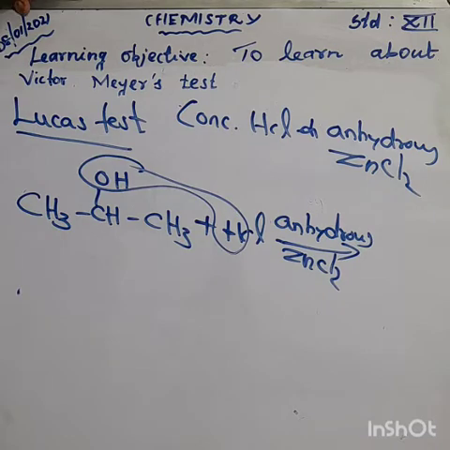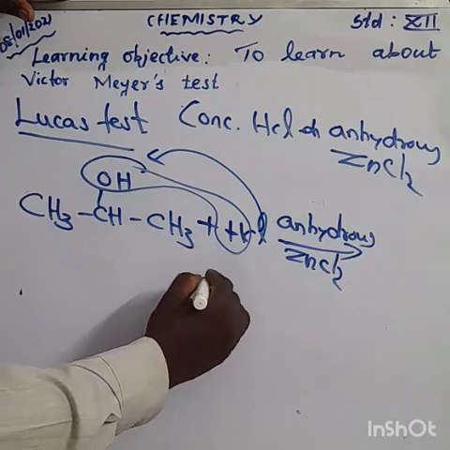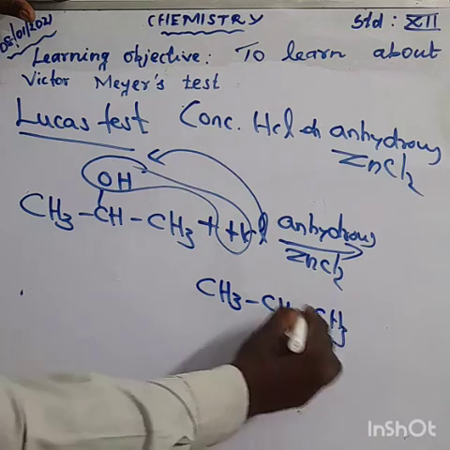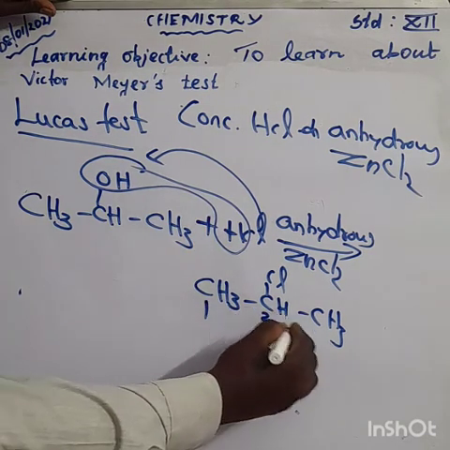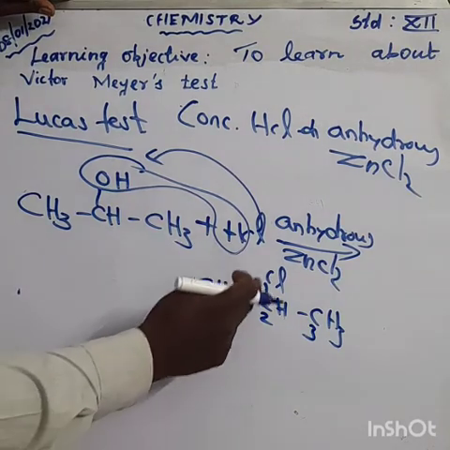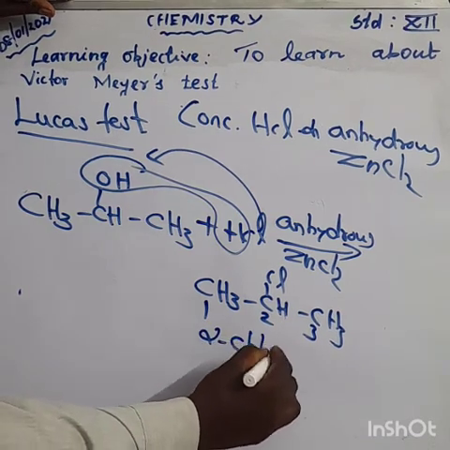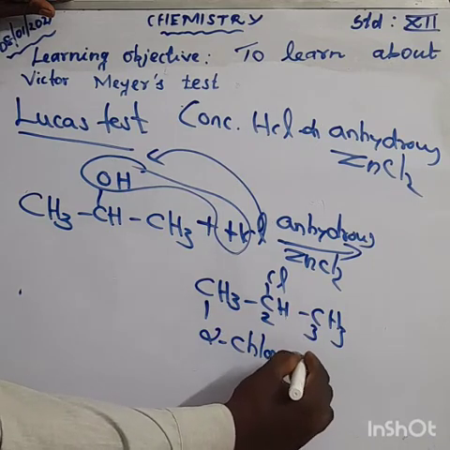So, what is our expected product? (CH3)2CHCl. How can we give the name? That's very important. We give the numbers 1, 2, 3. The second carbon has the chlorine, so 2-chloropropane: 2-chloro, number of carbons 3, so propane.